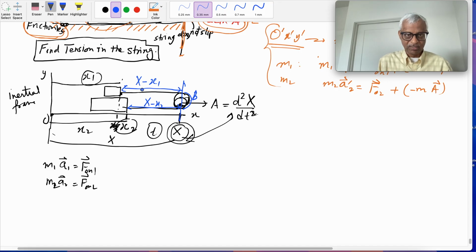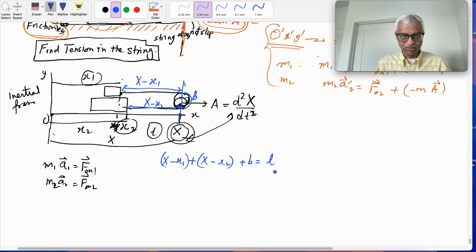All we need to know is that X minus X1 plus X minus X2 plus B is the total length of the string. Now if you take a time derivative, this will be 2X minus X1 minus X2 equals L minus B.